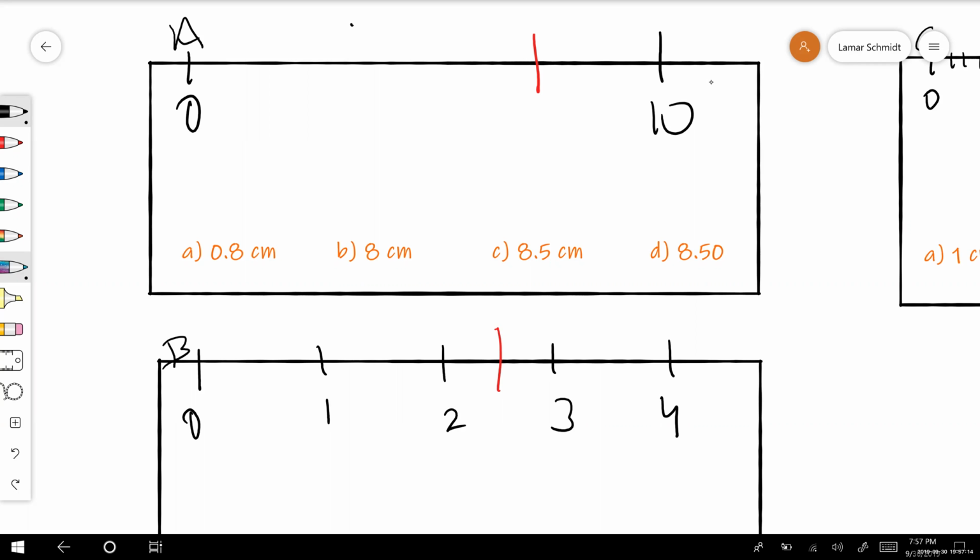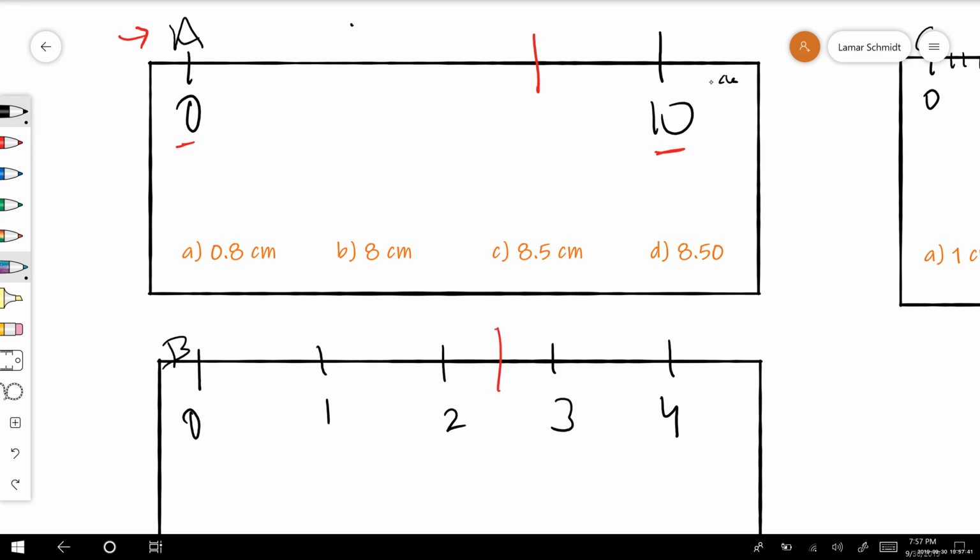All right, so when we are making a measurement, we have to always report what we can see on our instrument, and then we have to give one estimate. So if you're looking at ruler A, right here is ruler A, we see that we can only be certain of 0 and 10, and let's say this is in the units of centimeters.